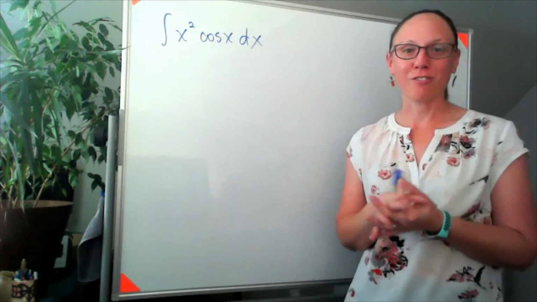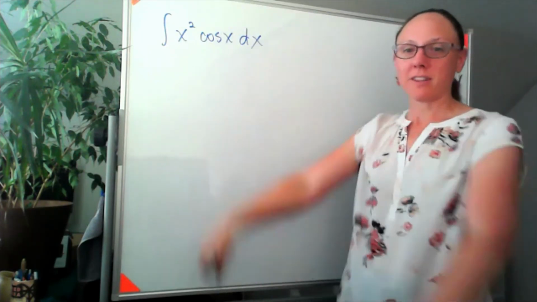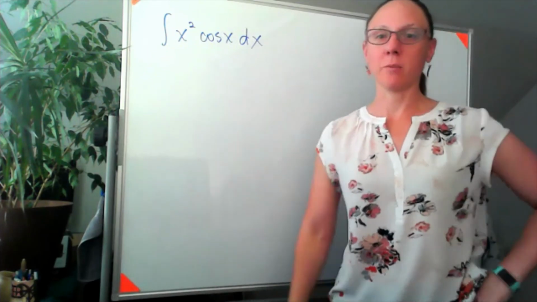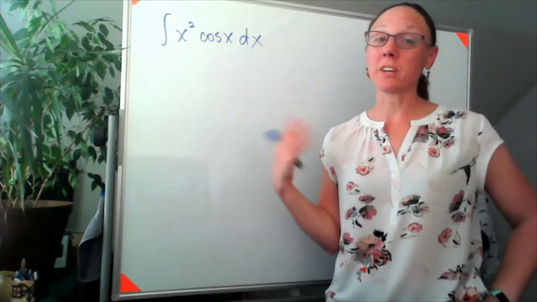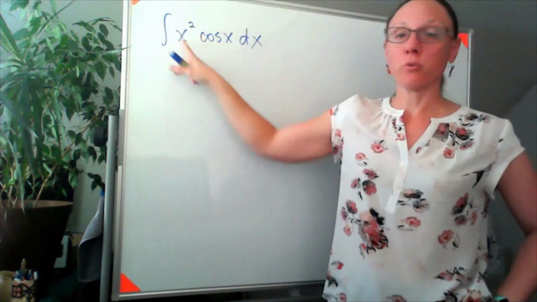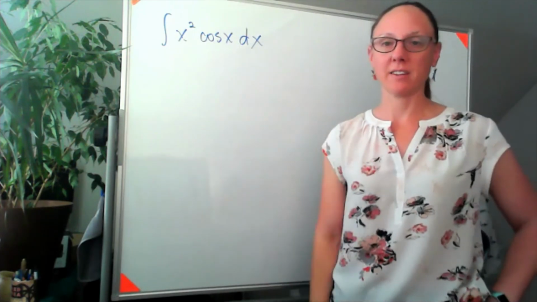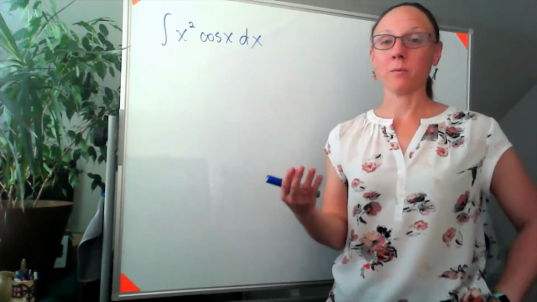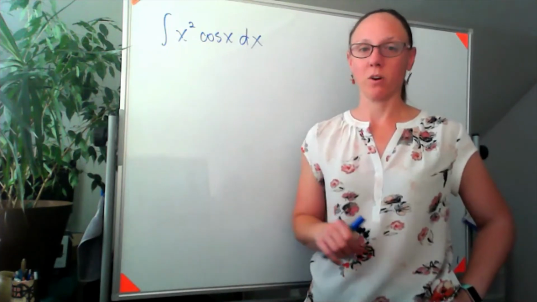So my next integral, I've got x squared times cosine of x. I walk up to this integral and I'm going to say to myself, is it algebra, trig, or a mixture of stuff? Well, this is a mixture. I've got this algebra piece that's x's raised to powers and this trig piece in that cosine x. It's a mixture problem, so I'm going to ask myself, does the derivative of one part show up somewhere else?